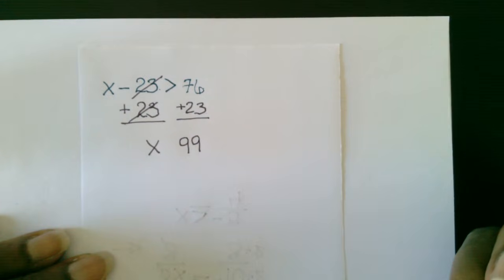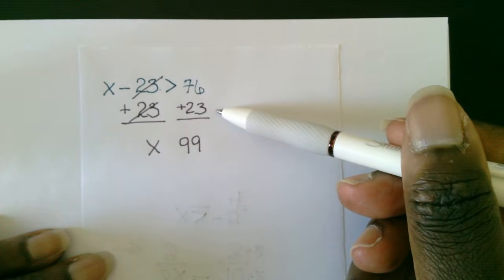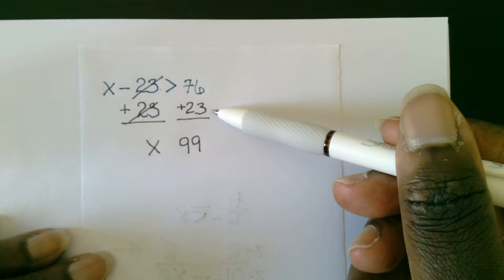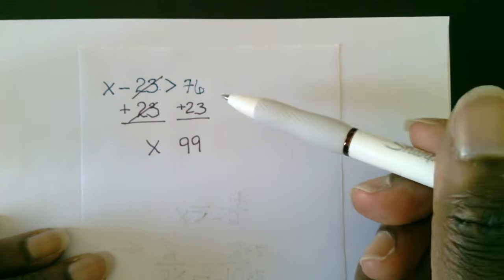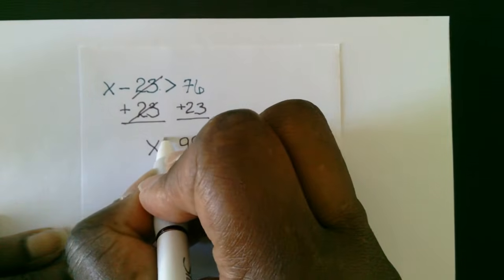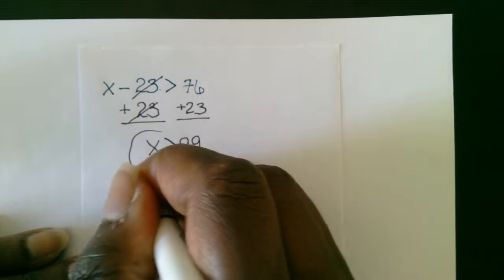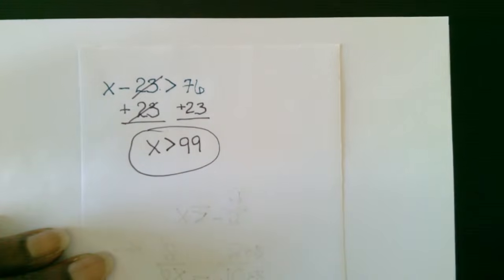Dolce with a no, Thea with a no, Shucky Ducky with a no, Sherry Collins with a no. Because we are not multiplying or dividing by a negative number. So we just added 23. So my sign does not change direction. It stays exactly the same.